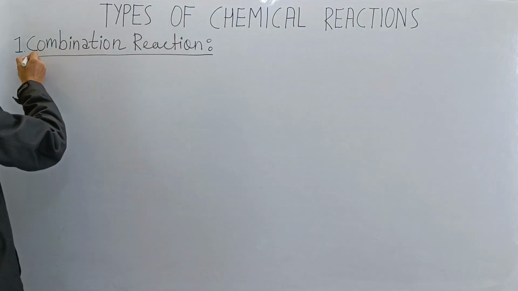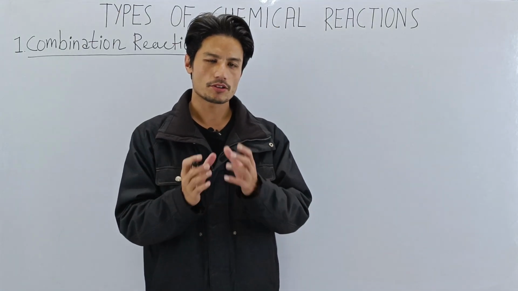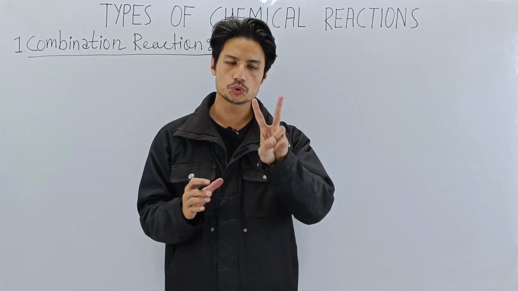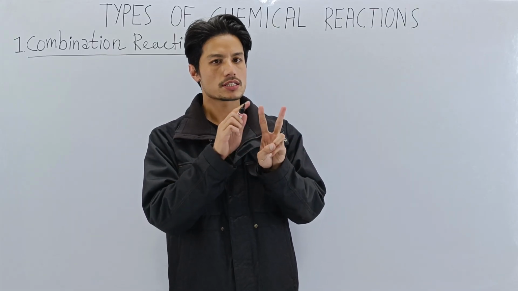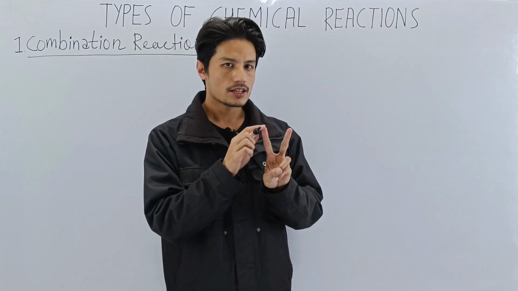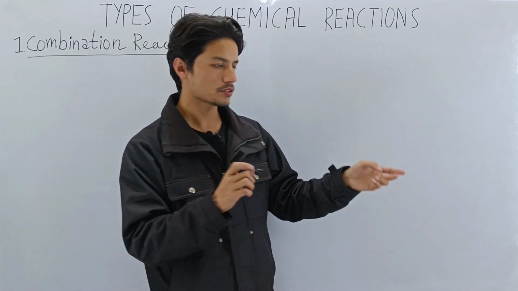So the definition of combination reaction, the name itself is called combination reaction. Now remember, in every chemical reaction we have 2 important things which you have to know. We have substances which are called the reactants, which are on one side, and the other, which is called the product, which is on the other side.